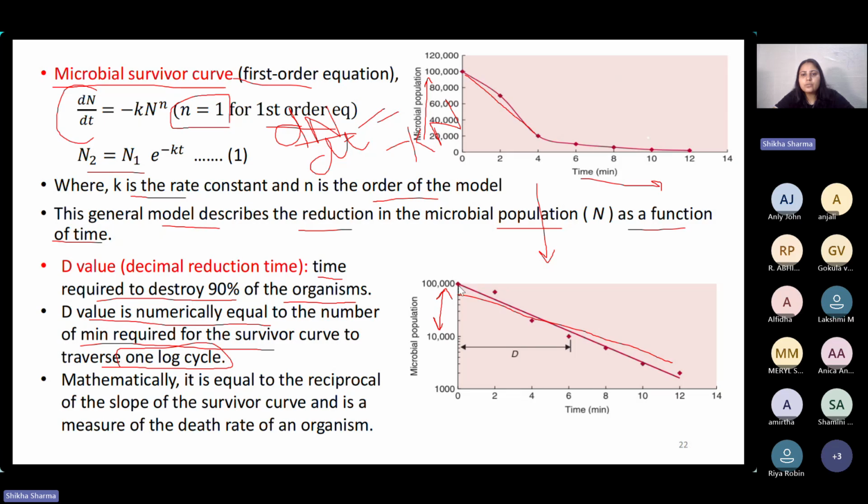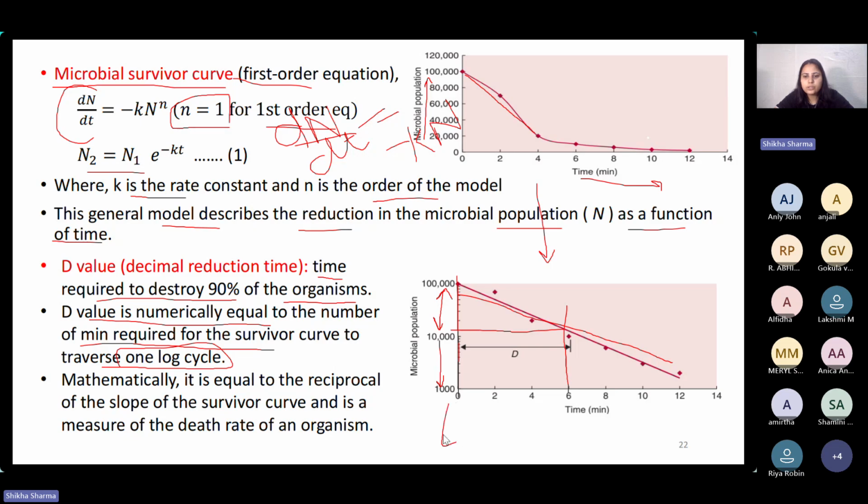So to reach from this population to this population, how much time is it taking, or we can say we are destroying 90% of the microorganisms. So how much time is it taking? It is from this to this. To reach this population, how much time is it taking?